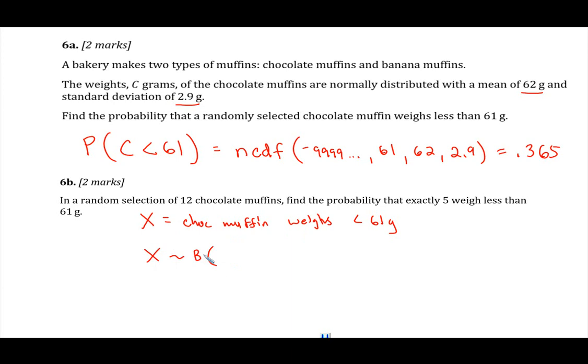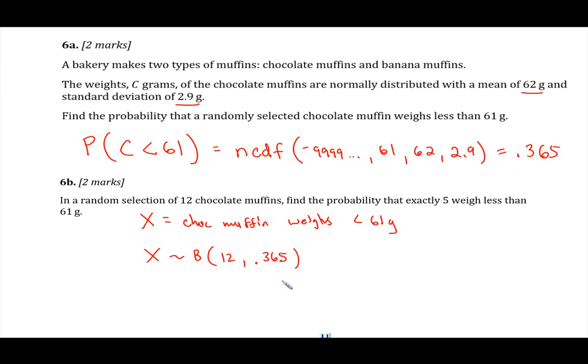Then our parameters are 12 muffins, that's our number of trials. And then the probability of success. In this case, that's the probability the chocolate muffin weighs less than 61. Well, we actually calculated that in part A, so we know that probability is 0.365.